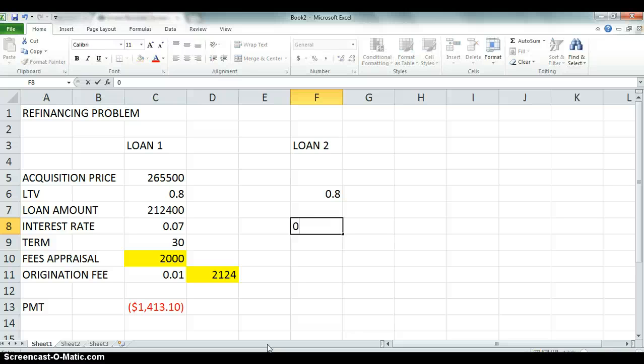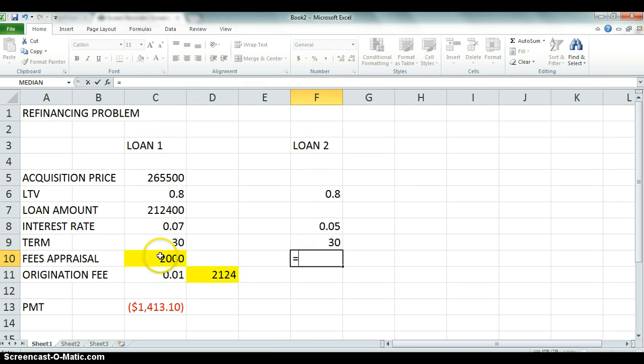For our interest rate, this is a different interest rate. It's lower than before, and this is a 0.05 interest rate, which is 5%. The term, we would like to have it for another 30 years, and the fees for appraisal and other fees are now up 10%.